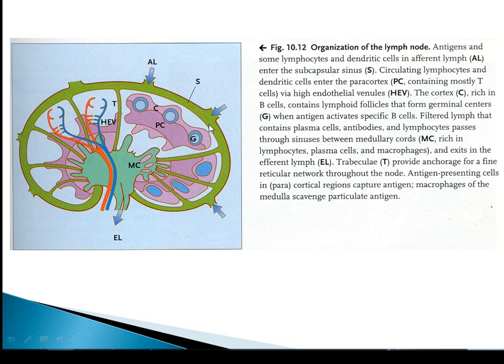Inside the parenchyma, we can distinguish the cortex that includes lymphoid nodules, the paracortex, and the medullary cords. The lymphoid follicles and medullary cords are the B zone, and the paracortex is the T zone for the T lymphocytes. In the paracortex, we have high endothelial venules that provide migration of the lymphocytes to and from the blood circulation. It is also the site for the antigen-dependent differentiation of the T and B lymphocytes.